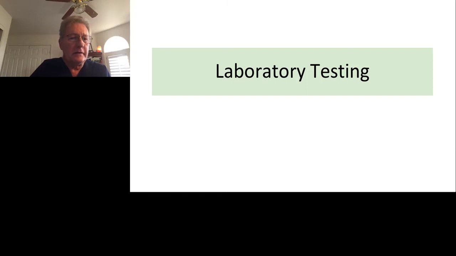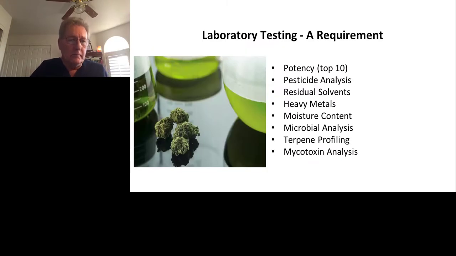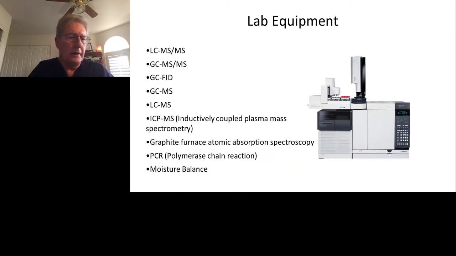Laboratory testing is critically important, and all states that have medical and or adult use require testing. We're looking at potency and any risks associated with pesticides, residual solvents, heavy metals, and microbiological or mycotoxin contamination. This is an example of some of the equipment that's used.